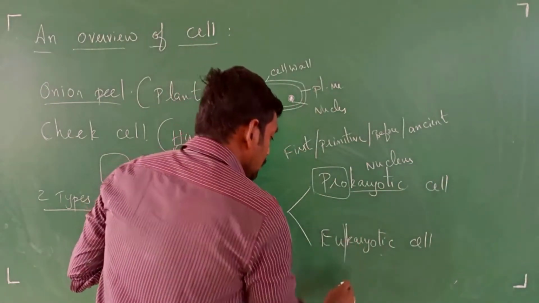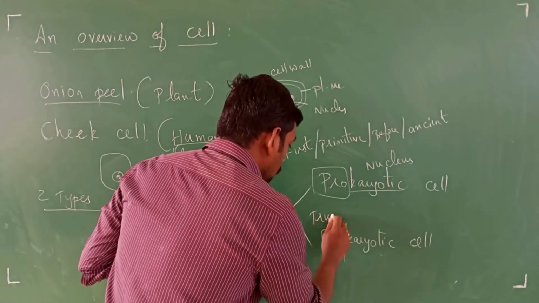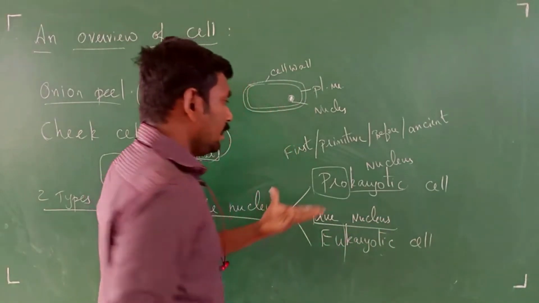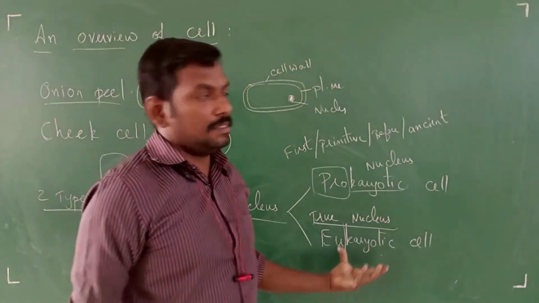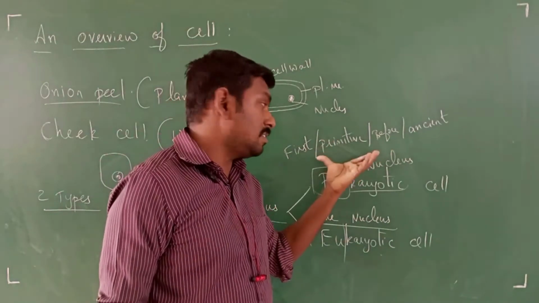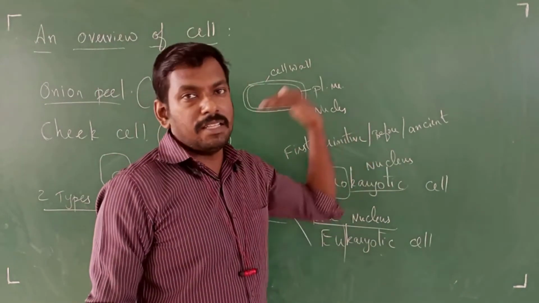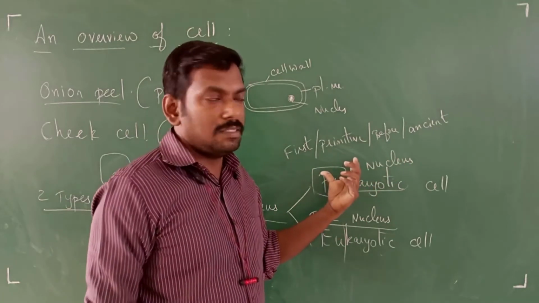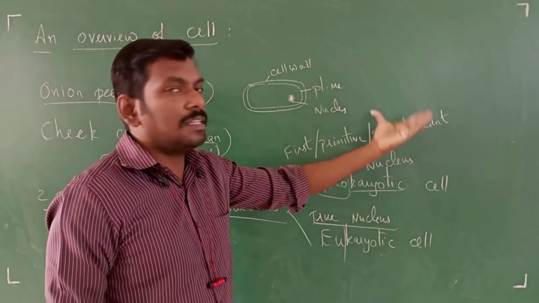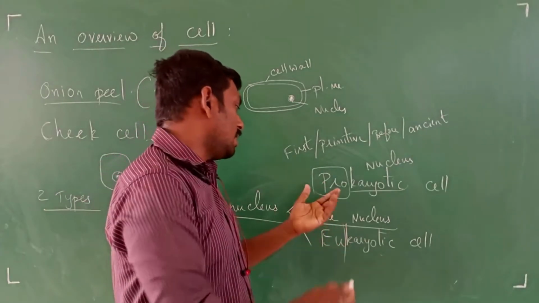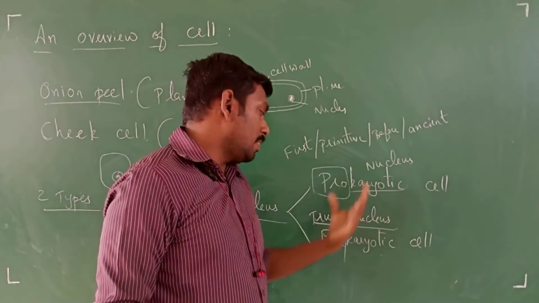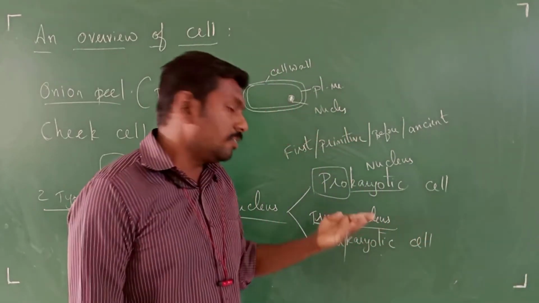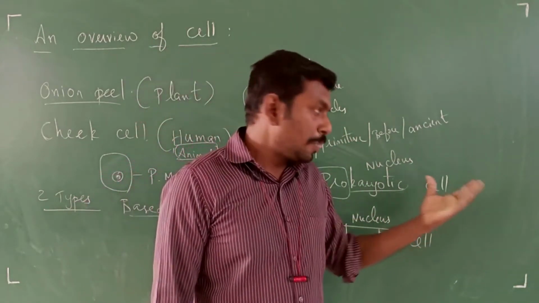And eu in the sense means true, so eukaryotic means true nucleus-bearing cells. Pseudo means false, pro is not false. So pro means the first formed, ancient or primitive nucleus-bearing cells. These are the true nucleus-bearing cells, which are the eukaryotic cells.